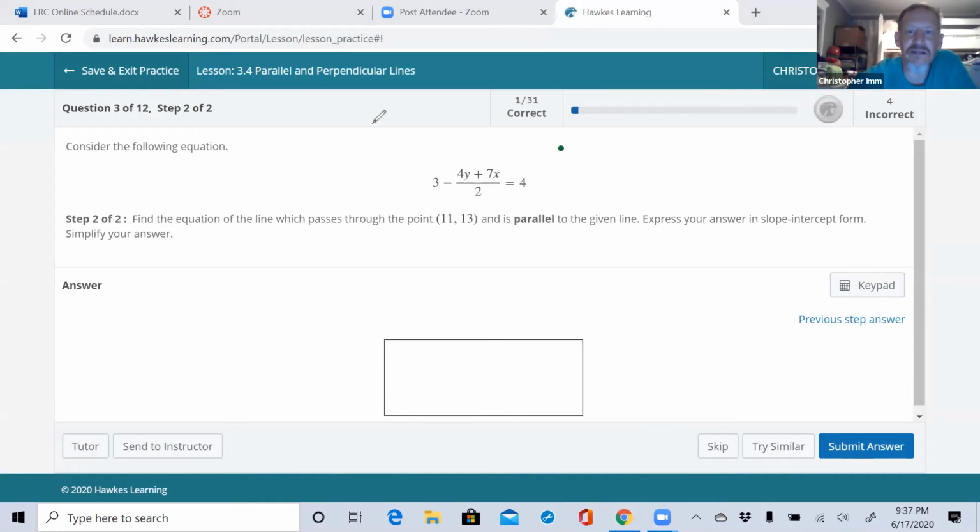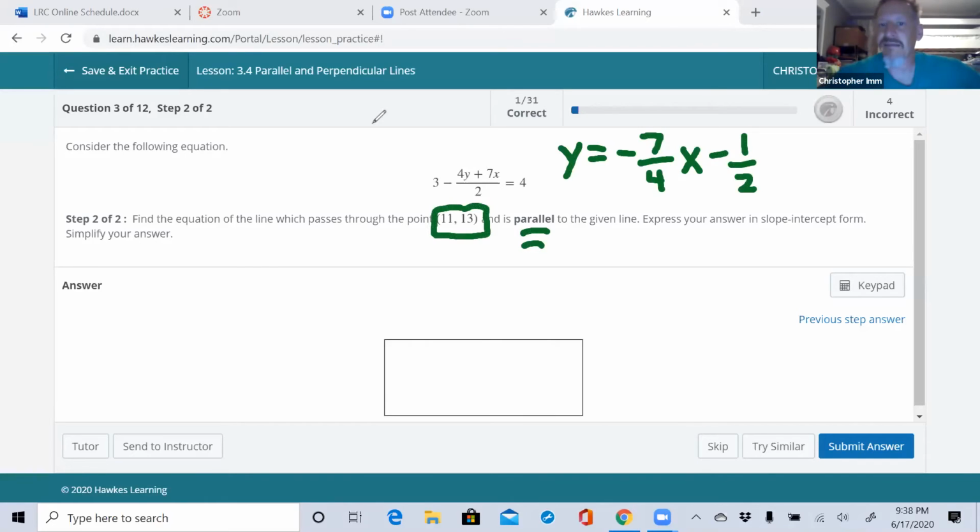So this equation was y is equal to negative 7/4 x minus 1/2. I wanted to go through this point now. This time I want it to be parallel. So what's true about parallel lines? Parallel lines have the same slope.